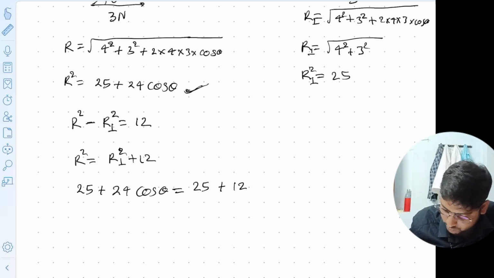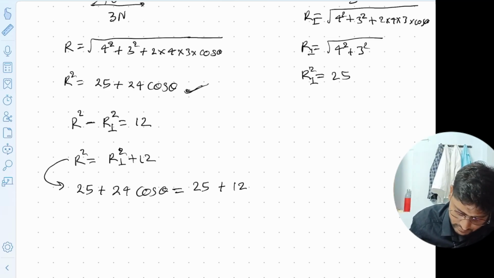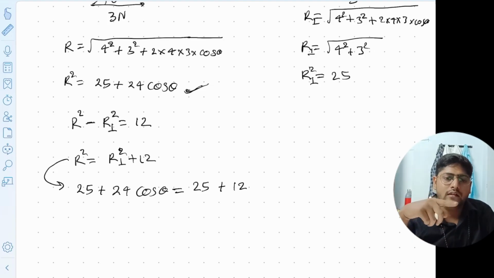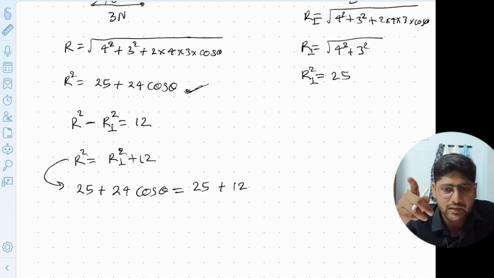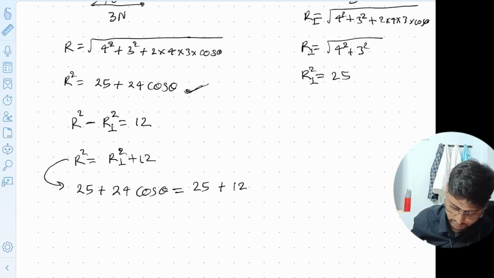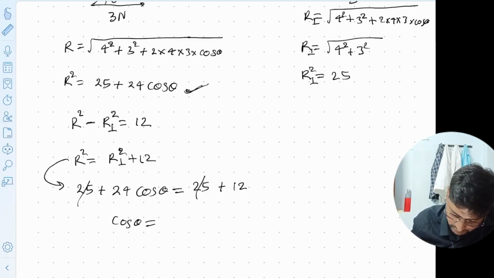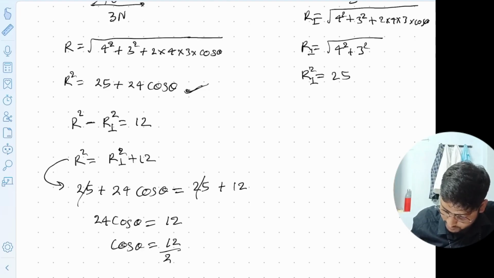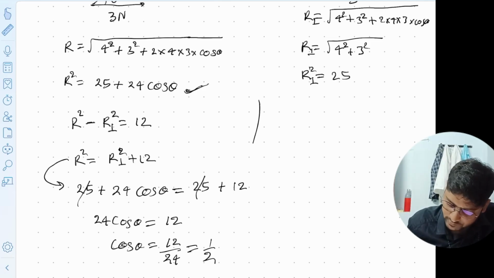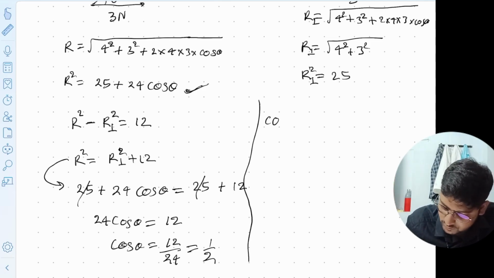We wrote this equation, R square value then R perpendicular value. So 25 and 25 cancel. Now 24 cos theta equals 12, so cos theta equals 12 by 24, which equals 1 by 2. So we got the value cos theta equals 1 by 2.